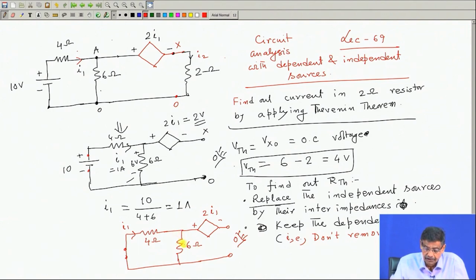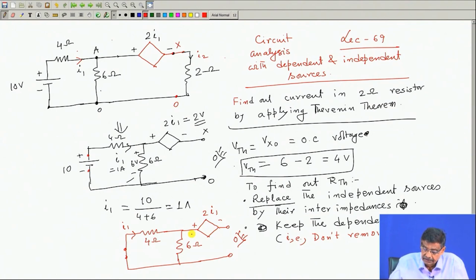In this circuit, if you have replaced it by a short circuit with this open circuit, no current exists. So, 0 current, I 1 is 0. If I 1 is 0, here is a voltage which is 2 into 0, that is 0 volt, that is shorted.